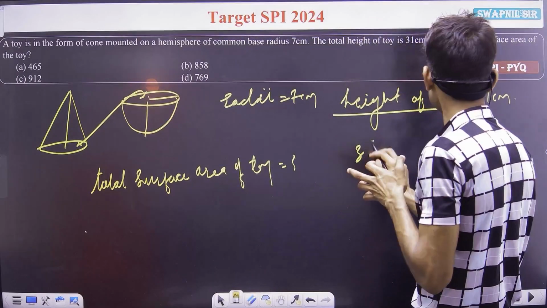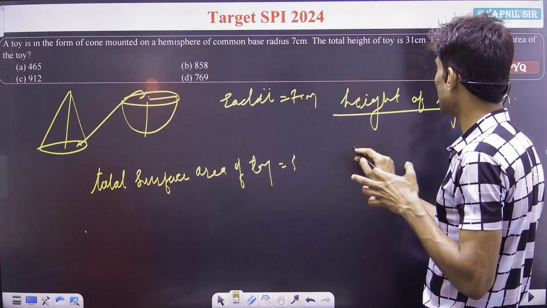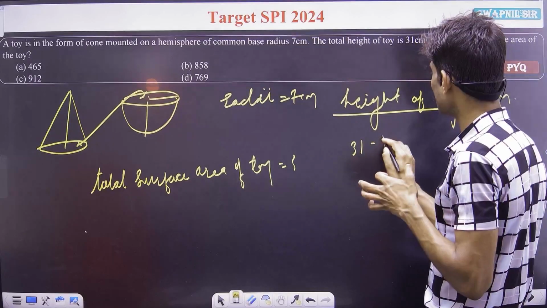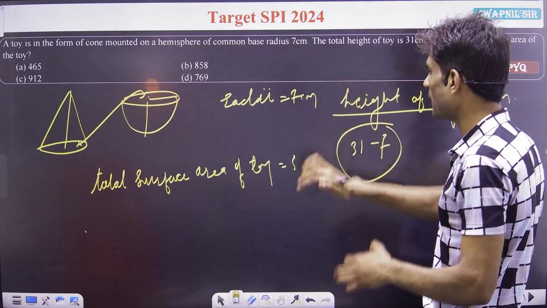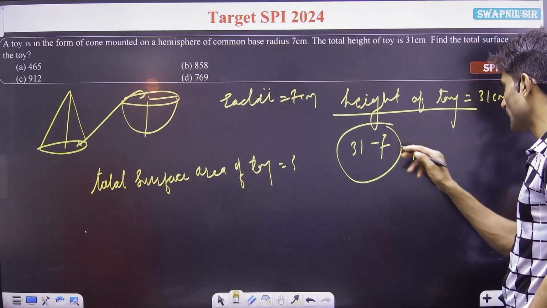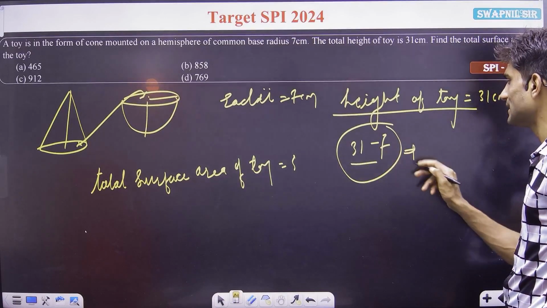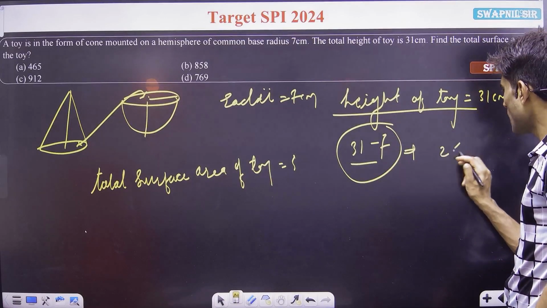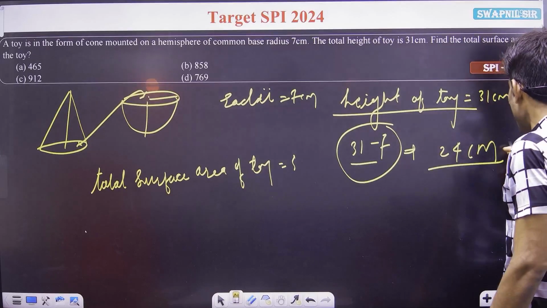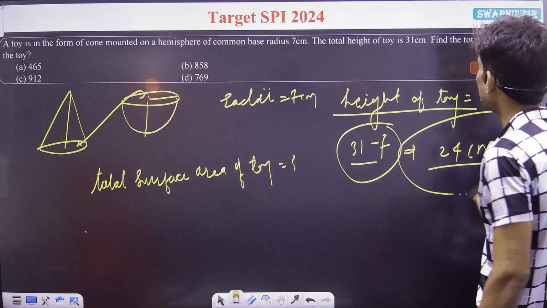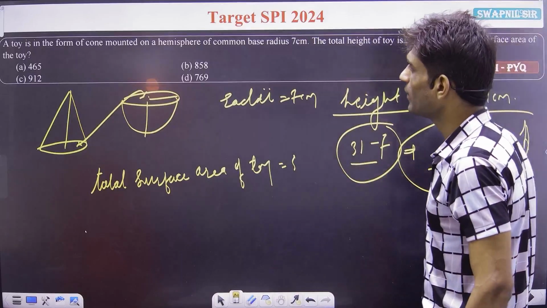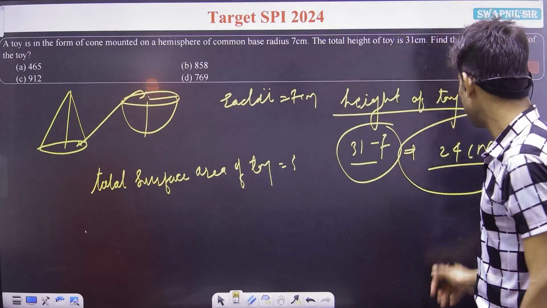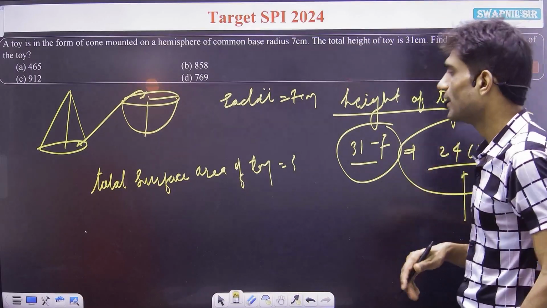If we subtract 7 from 31, we get the actual height of our cone. So 31 minus 7, we write it as 24 centimeter, which is the actual height for our given toy.